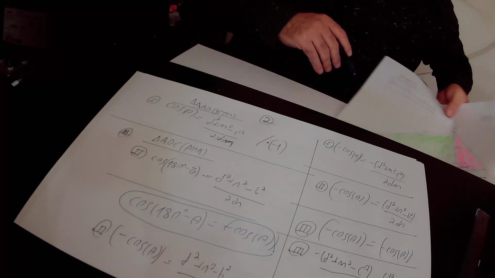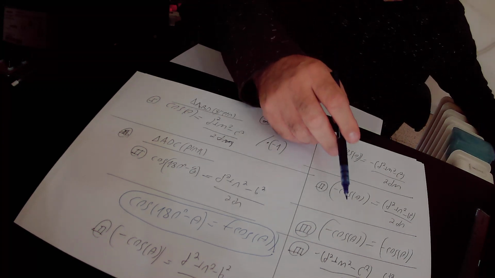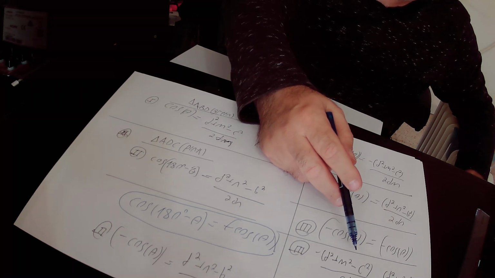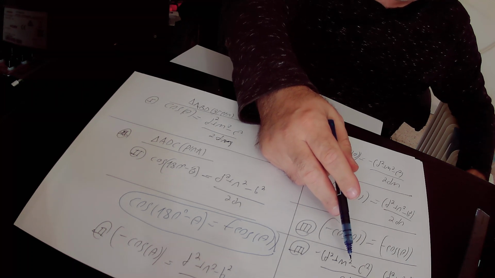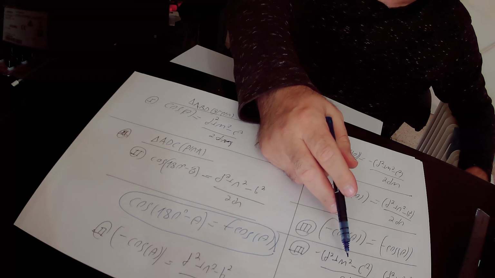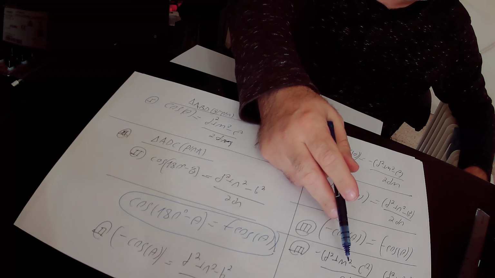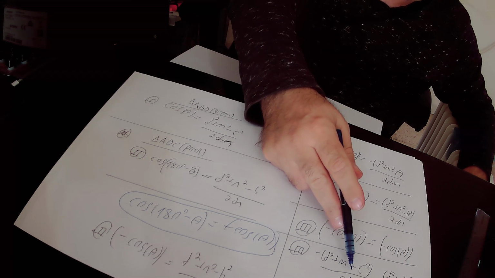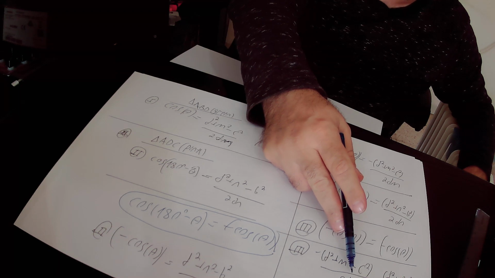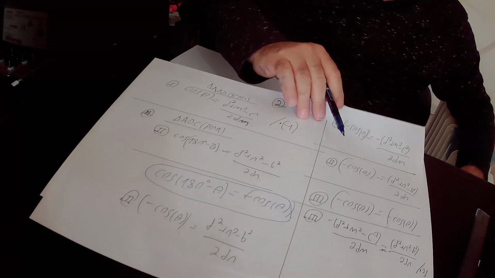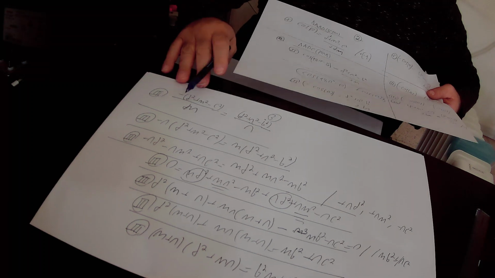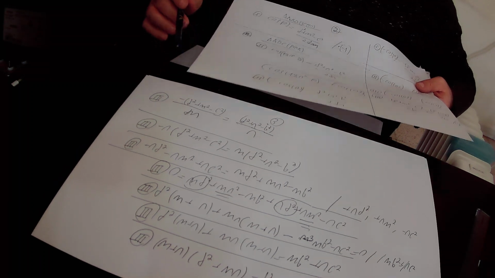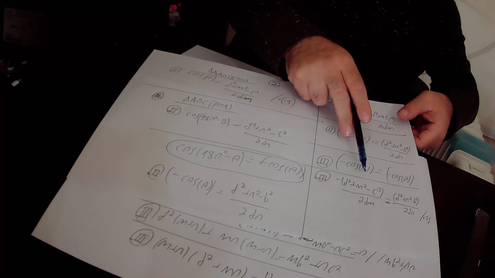And here we have 2d over 2dm. So 2d over 2d is 1, so 2d will get cancelled, and in the denominator we are left only with m. The numerator didn't change.